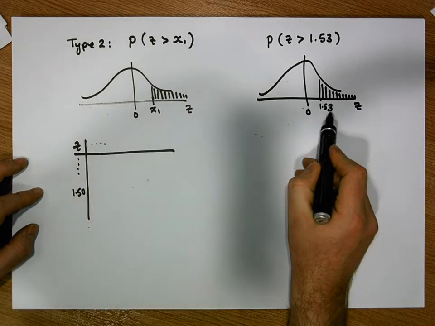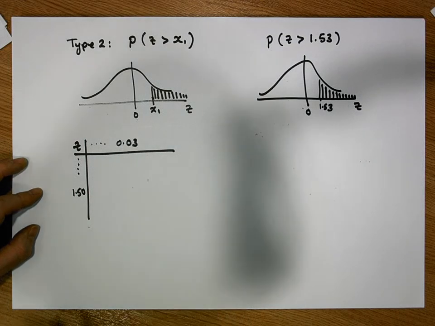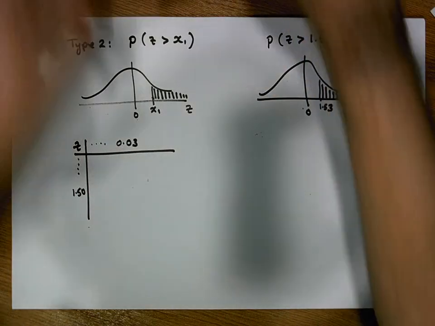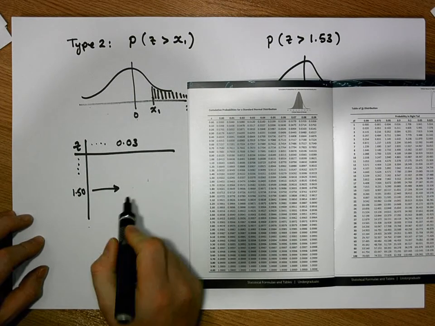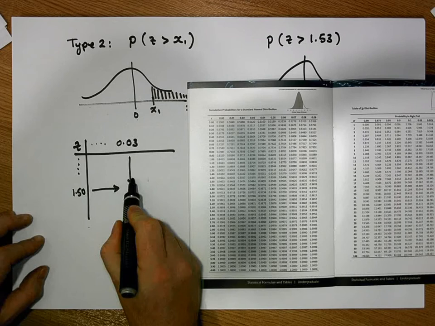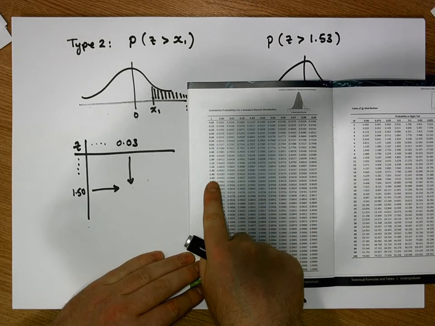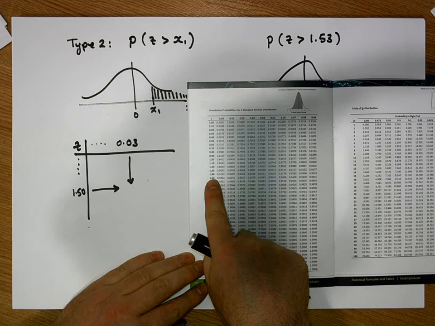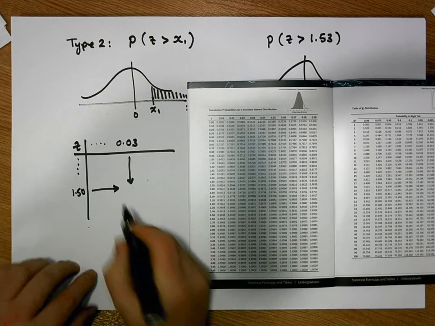In this case, the second decimal digit is 3, so we'll be looking for 0.03. When we go to our tables, we triangulate across from 1.50 and down from 0.03. We come down to 1.50, we come across to the column 0.03, and what we have is a value of 0.9370.